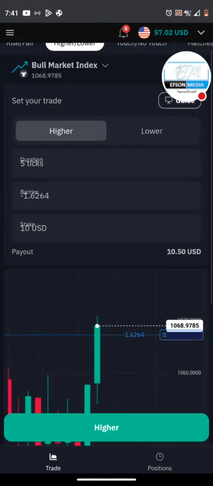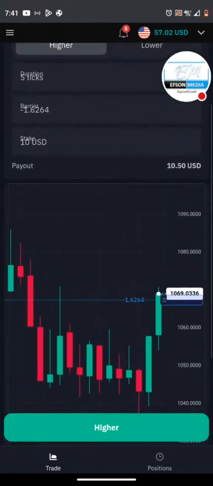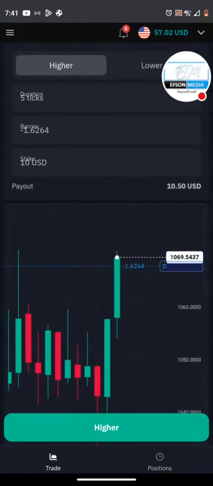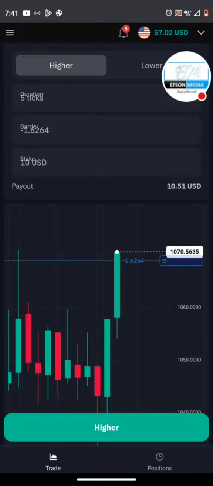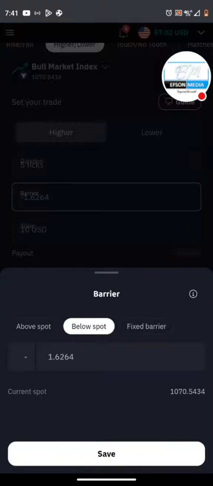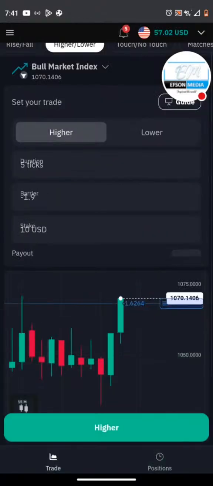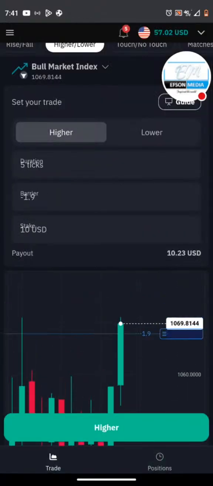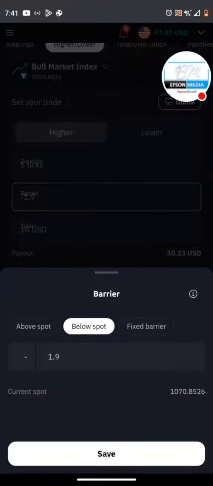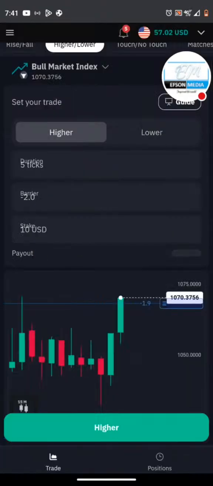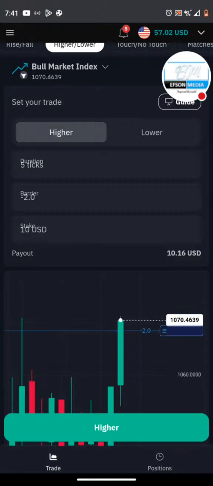This is the bull market index. You can select as high as you can, maybe 1.9, based on your risk level. You can even select 2.0, depending on how high or how low you want the blue line to go.